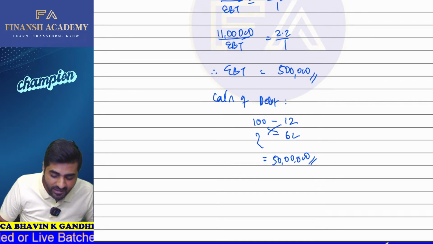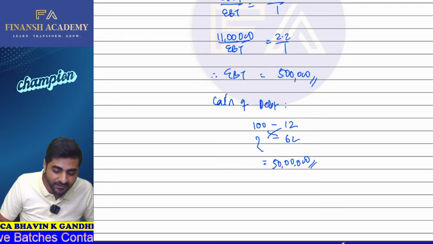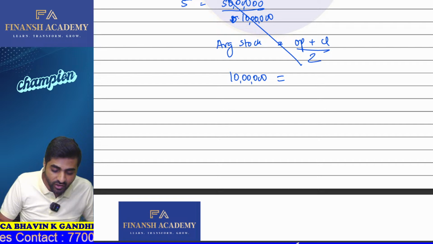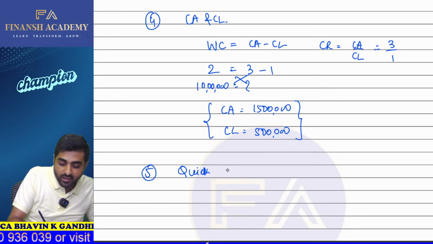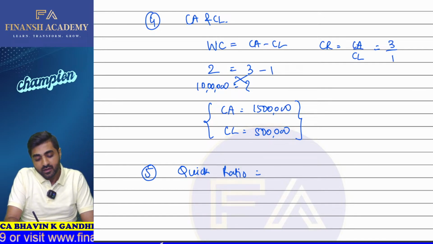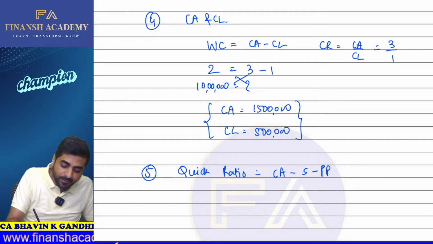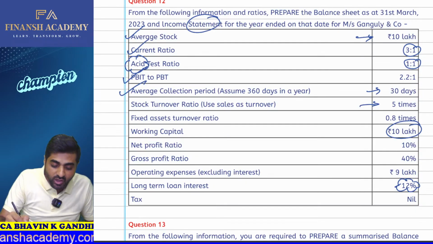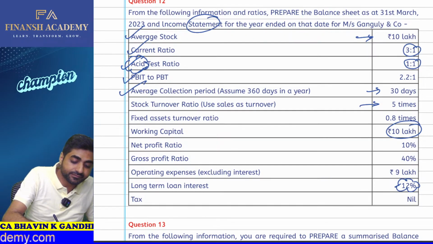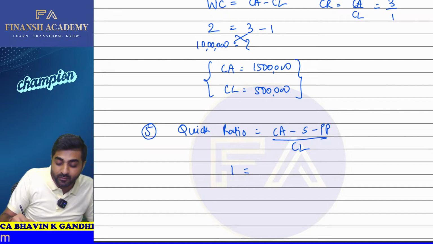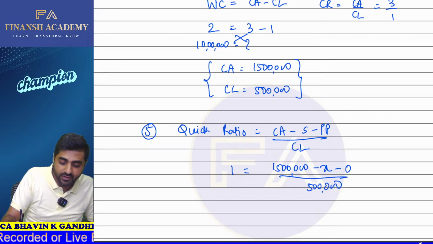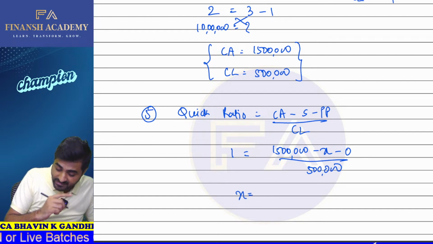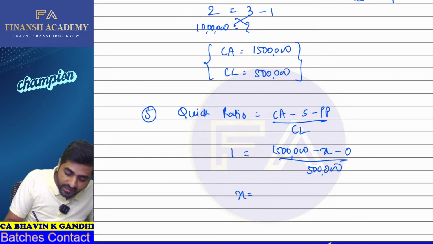To calculate the stock, I will use your quick ratio. What's the formula for quick ratio? It is current assets minus stock minus prepaid upon your current liabilities. What's your quick ratio? Your quick ratio is 1:1. So 1 is equal to my total of current assets, 15 lakhs, minus stock, let the stock be X, prepaid is 0, upon the current liability of 5 lakhs. So my stock will come as 10 lakh rupees.